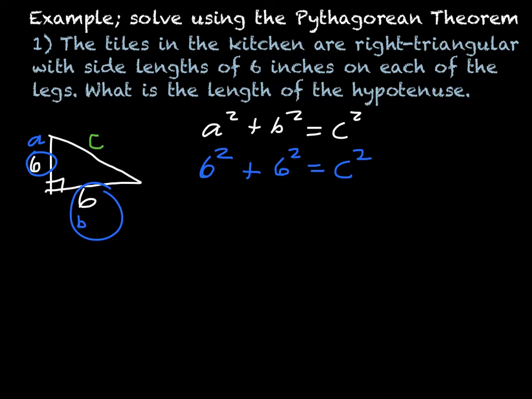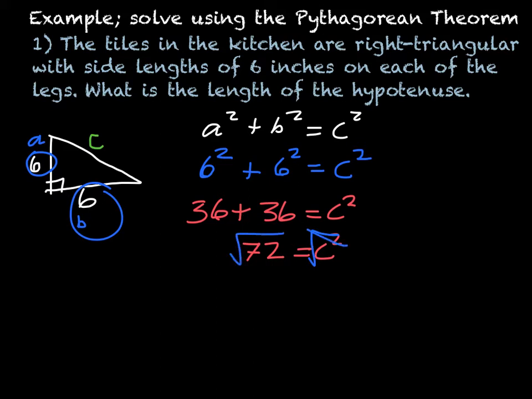Okay, 6 squared is 36 plus 36, which equals my c squared. So that gives me 72 equals c squared. And now if I want to solve, I need to take a square root to get rid of it. Whenever you take a square root, you take plus or minus of both sides.